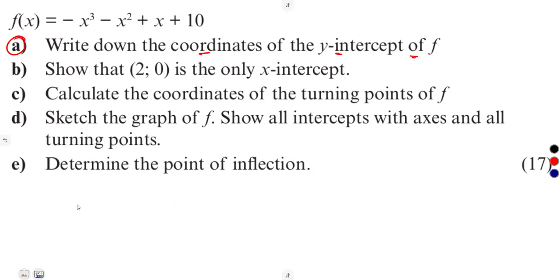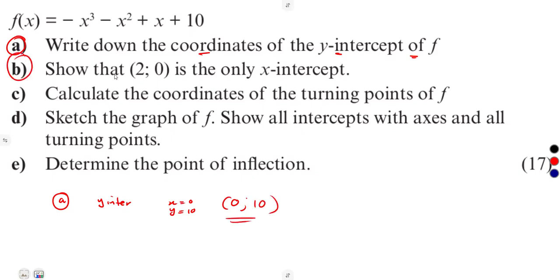This one is easier because for the y-intercept, I understand that x is equal to 0. So if x is equal to 0, I'm going to take the constant, which is d. All right, you understand that. So no problem. When x is equal to 0, y is equal to 10. So that's the point, which is 0, 10. Okay?